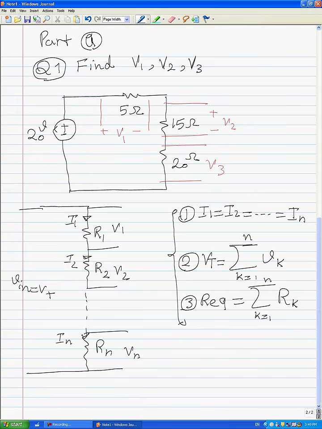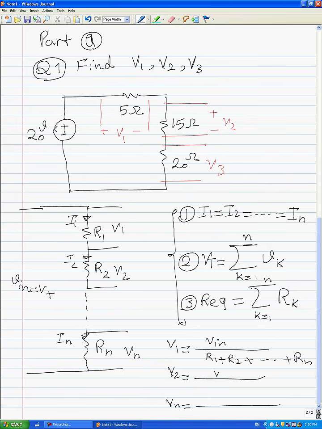And also in a series circuit, we have the divided voltage rule, which means we can find V1, V2, and Vn in a simple way. For V1, we have Vin times, here, R1 plus R2 plus Rn.